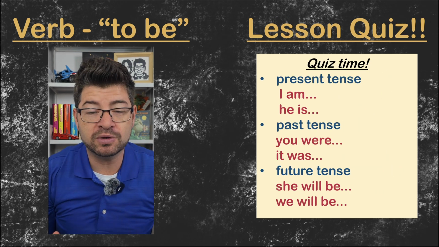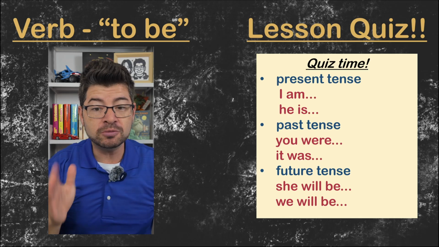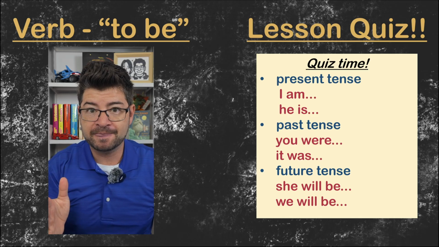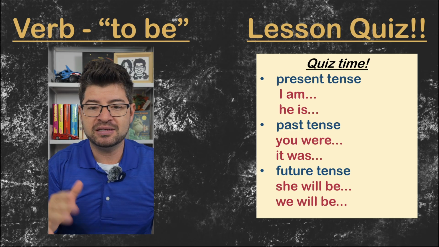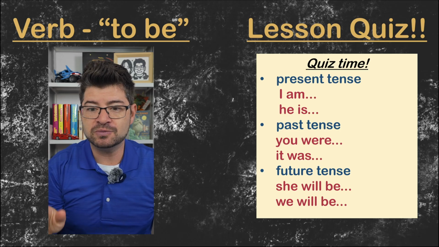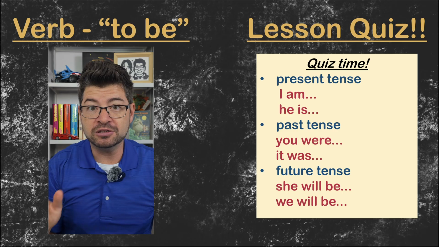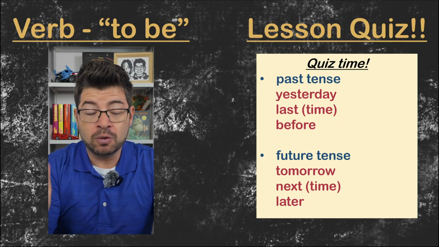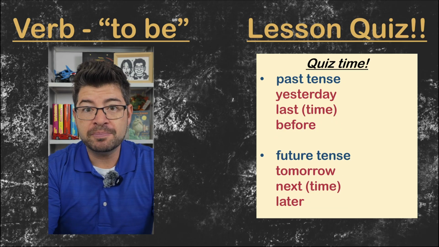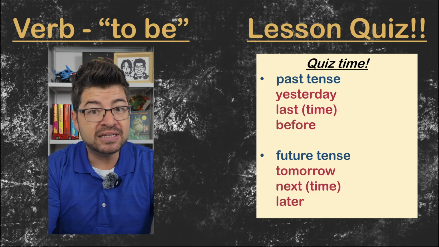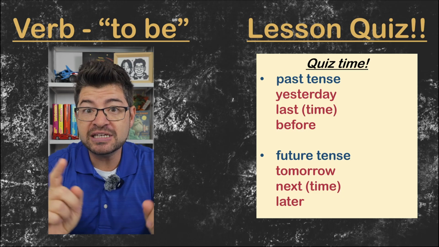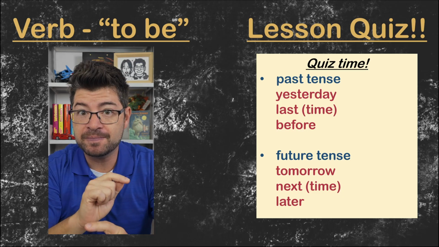And let's look at what we're going to have on this quiz. We're going to do present tense. Okay? Present tense verbs. I am, he is. Past tense with was and were. And we will do future tense with will be. Let me give you some tips on what to look for. When you're looking for past tense, look for key words like yesterday.